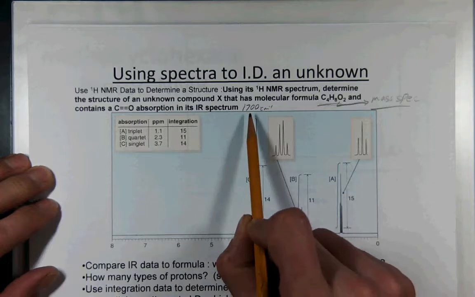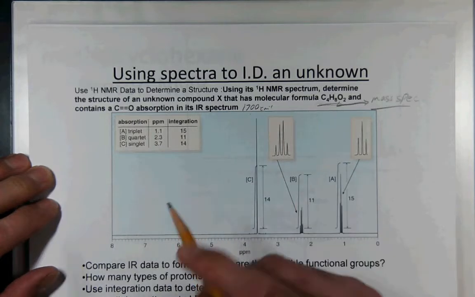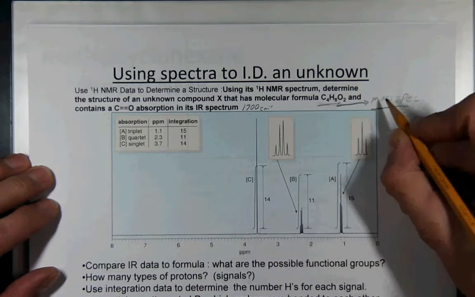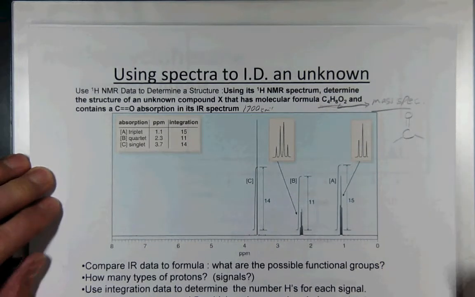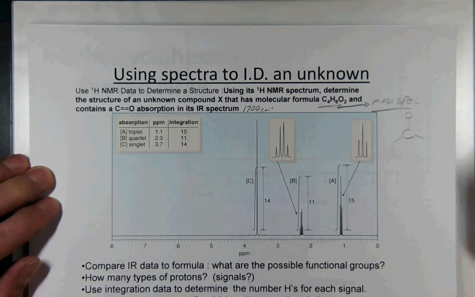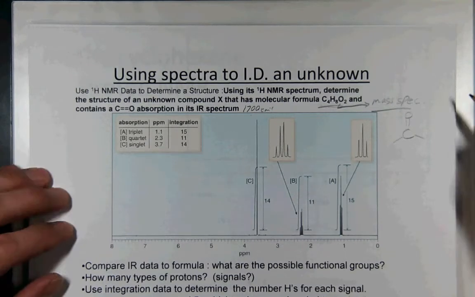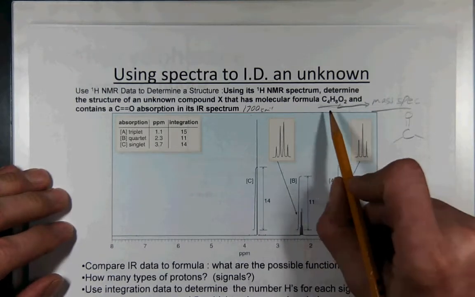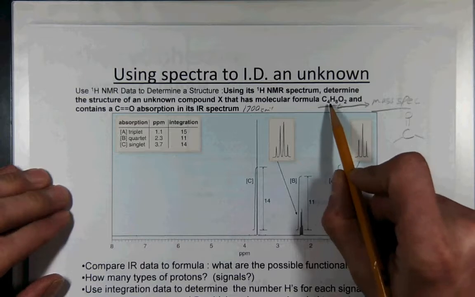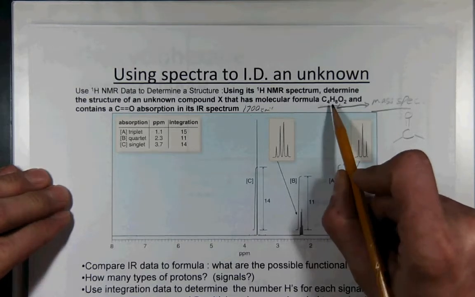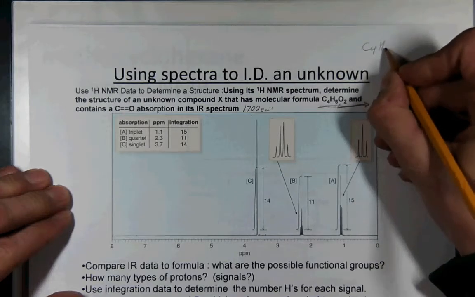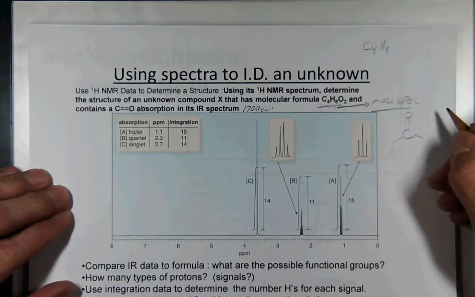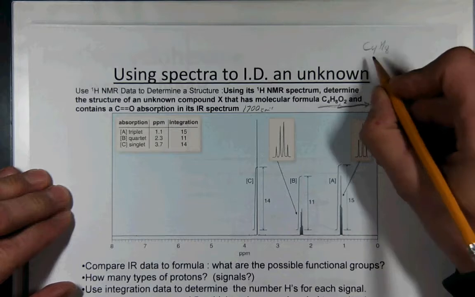So we know there's a carbonyl. We know there's 4 carbons. All right, so we know one of the 4 carbons is this guy. Also, one good thing to check is to see if there's any double bonds or triple bonds. So the chemical formula is C4H8.